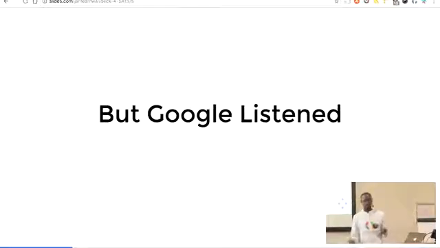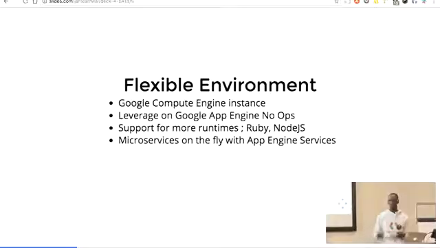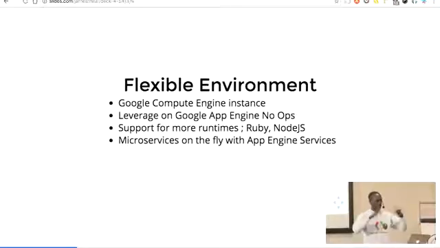But Google listened, and we've been seeing a lot of changes and new stuff, which is where the flexible environment, previously managed VMs, comes in. Basically, it's a Google Compute Engine instance that leverages the Google App Engine infrastructure, with support for most of the runtimes we use, like Python, Java, and Node.js.